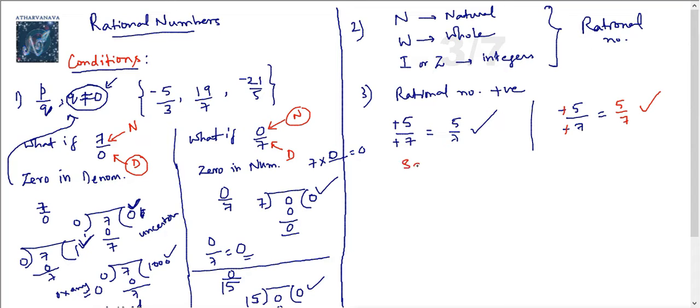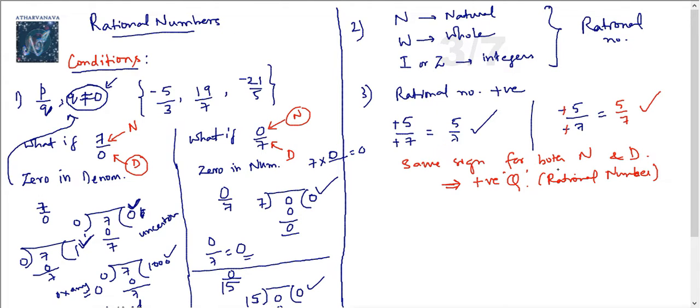So when you have the same sign for both numerator and denominator, then you get a positive rational number. Q stands for rational number, so I am writing using short forms. You have to get used to it. When you use those symbols, that's when you will remember them. Words you can of course remember anyways. The symbols are important, we need to remember them.